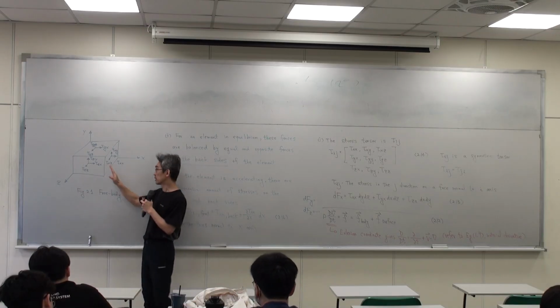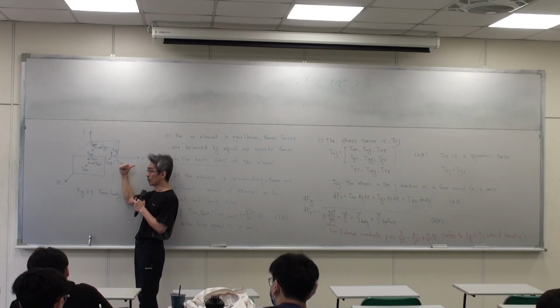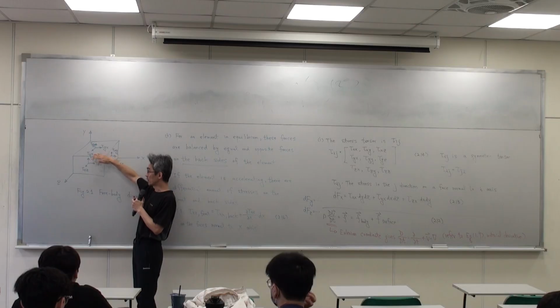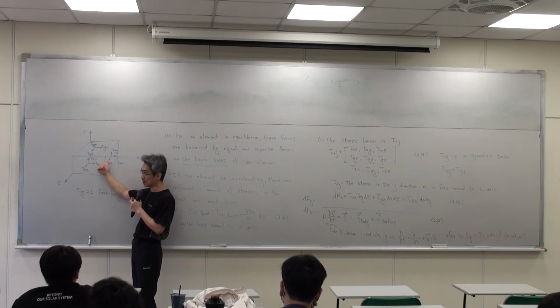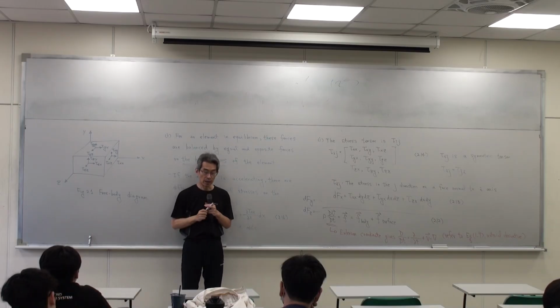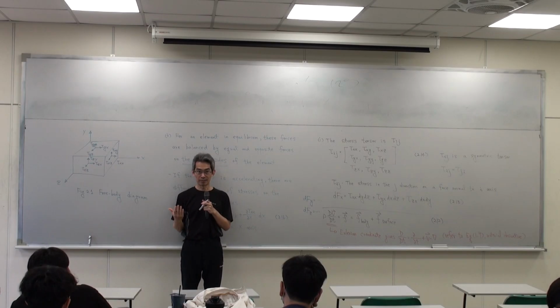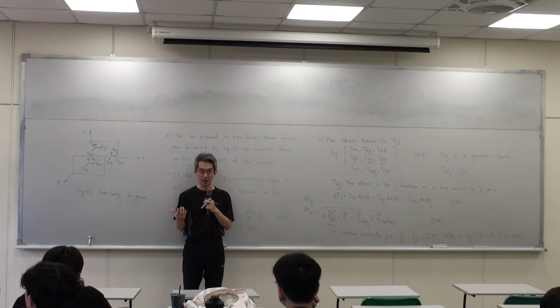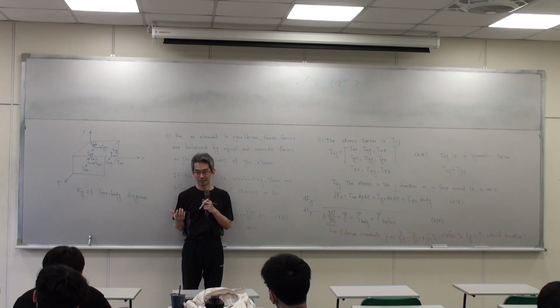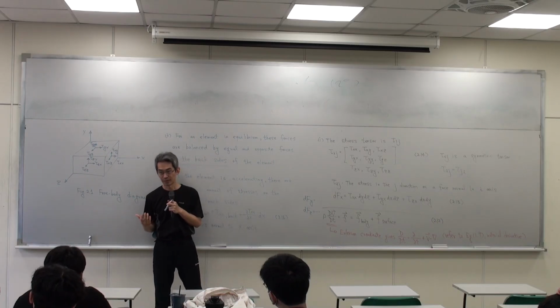For example, this direction is the positive x direction, this is the positive y direction, and this is the positive z direction. And how do you determine the x, y, z directions?